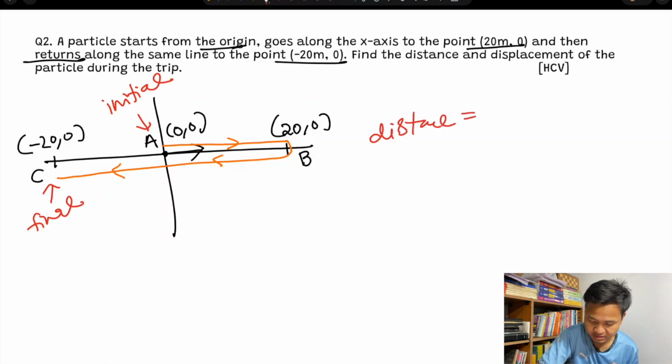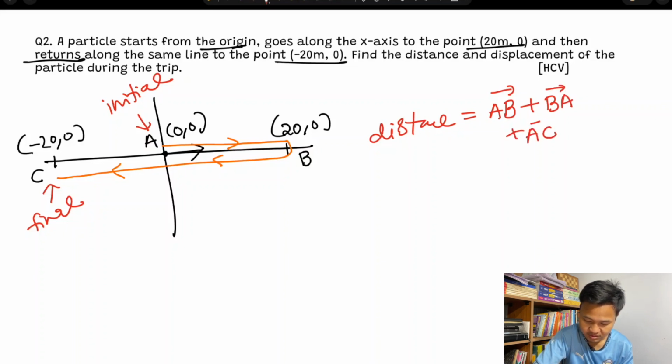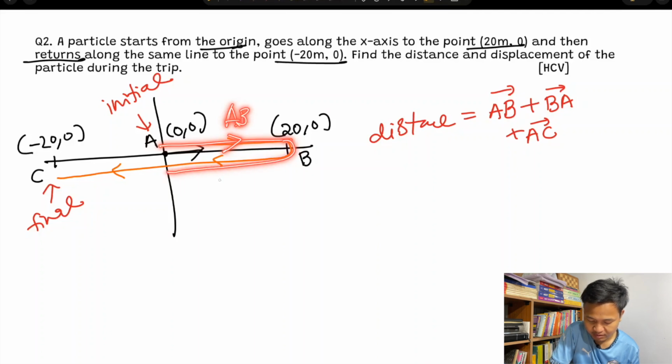So what is the distance? Distance is nothing but AB plus BA plus AC. See, this whole part is what? I go from A to B, okay, and then I come back from B to A, okay, and then I go from A to C, right?